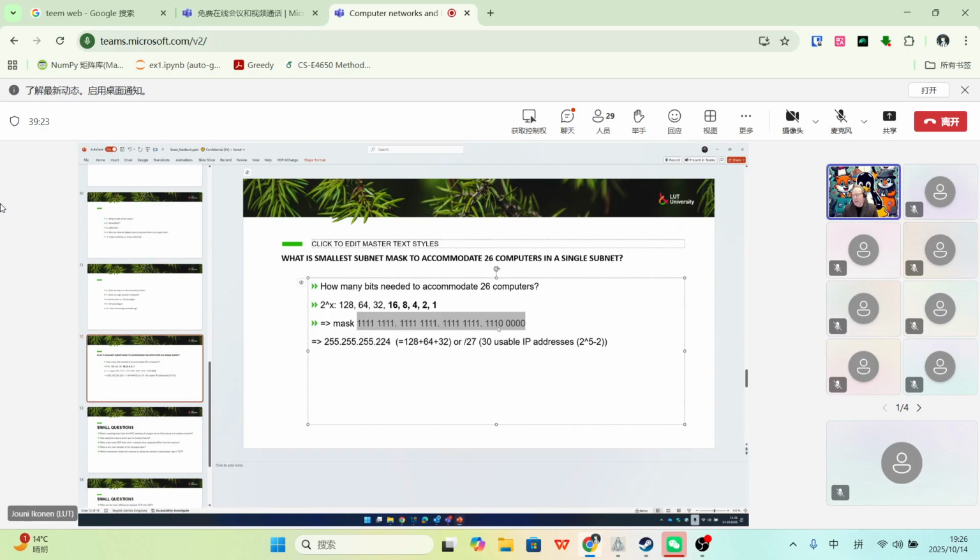It tells us how many bits belong to the network and how many bits are reserved for the computers. And if we had 200 computers in the network, we need at least 8 bits to accommodate 200 computers.